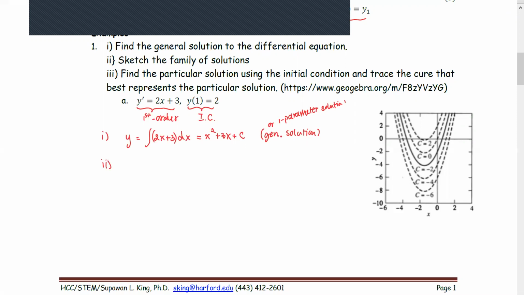Part 2, sketch the family of solutions. For c equals 0, the solution will be y equals x squared plus 3x, which is a parabola, with intersection points at 0 and negative 3.